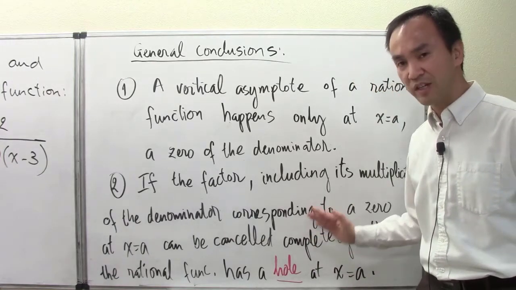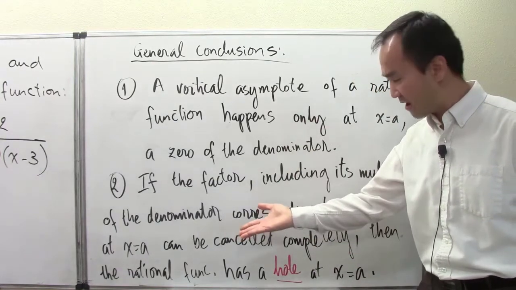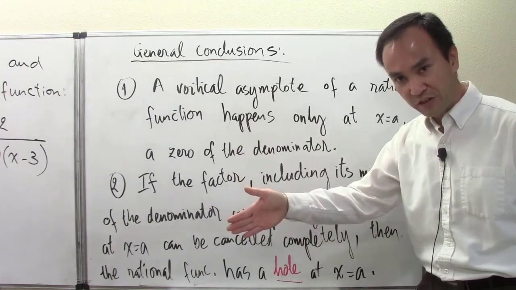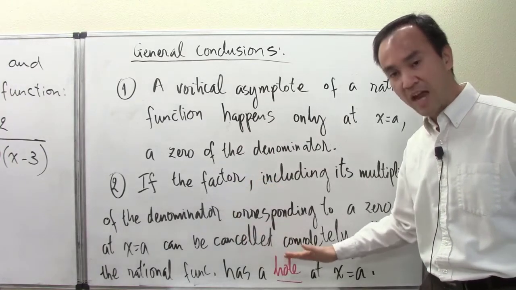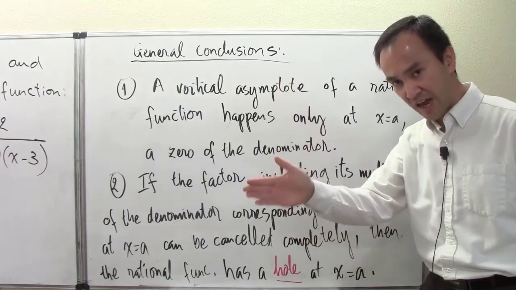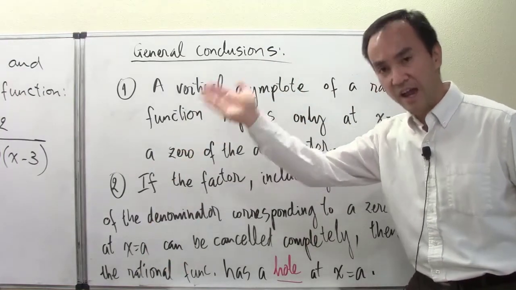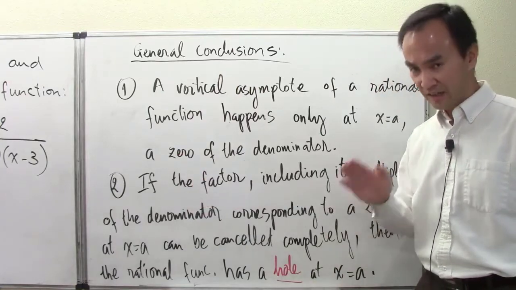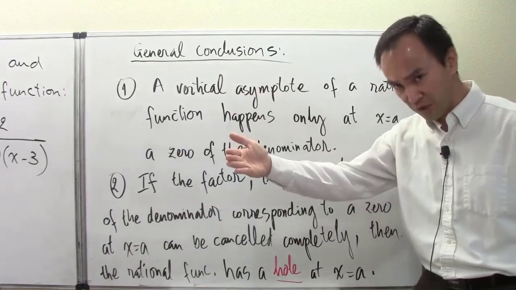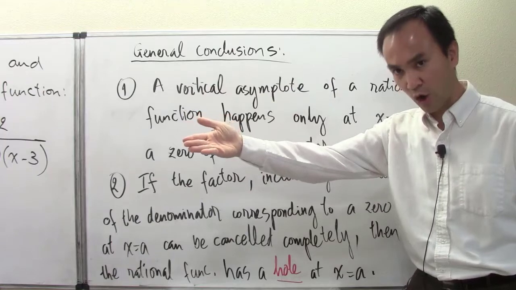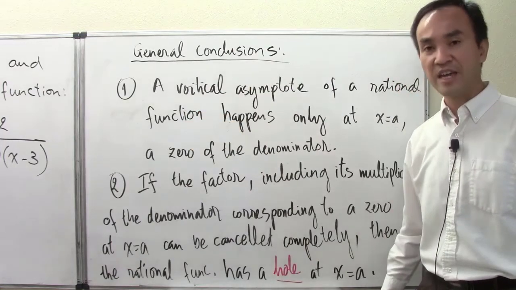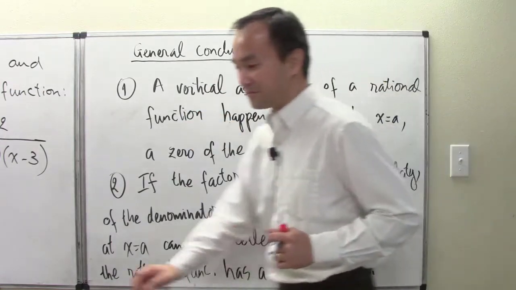We're using that to test whether we are having a hole at one particular VA or not. Or it's a way to decide whether our VA at that particular location x equals a will become a hole or not. And again, remind yourself that once it becomes a hole, then it stays as a hole. It's no longer a VA.